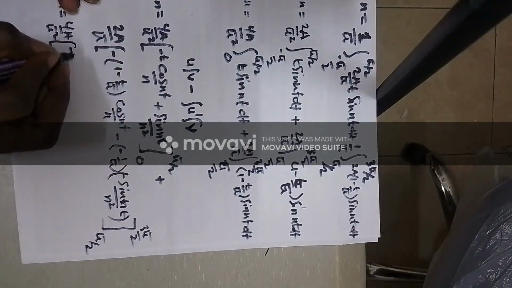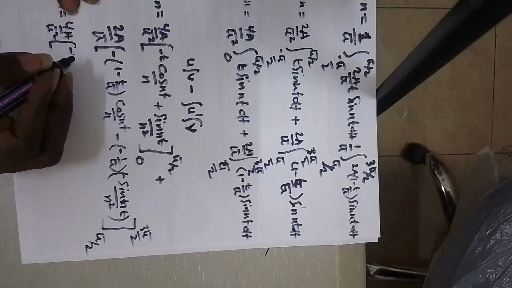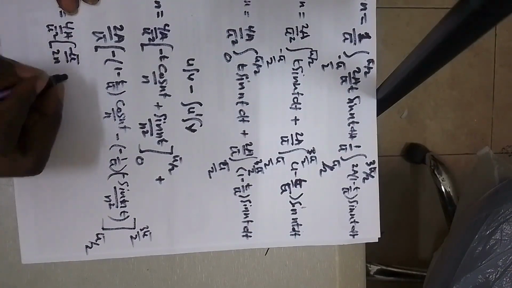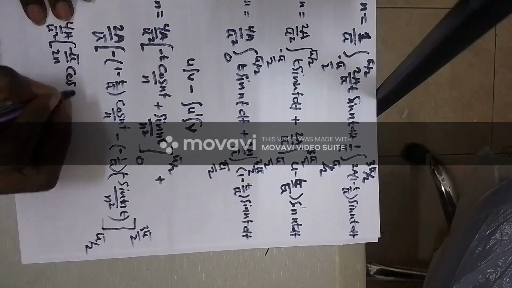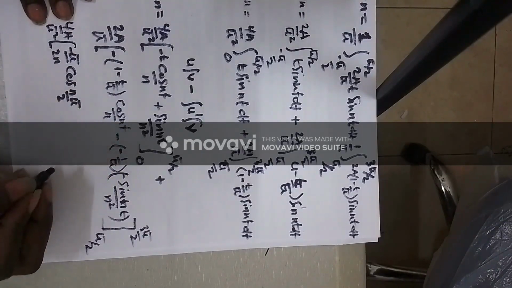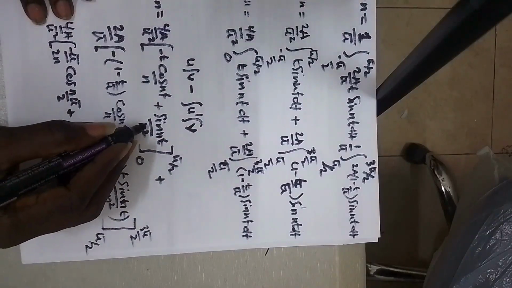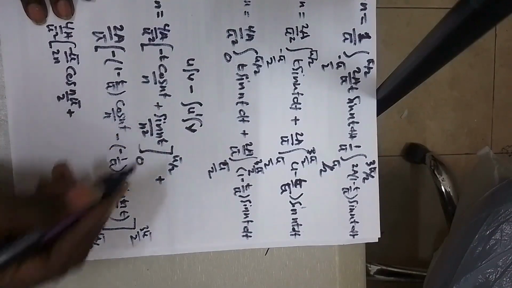I'll get minus pi over 2n, minus pi over 2n into cos n pi on 2, plus, I'll insert it here, I'll have sine n pi on 2.